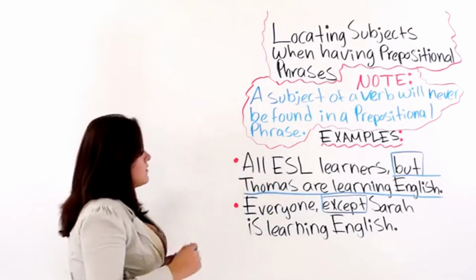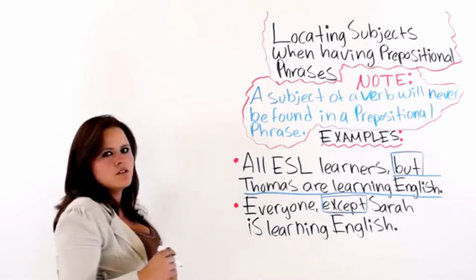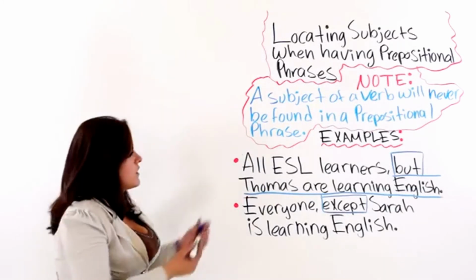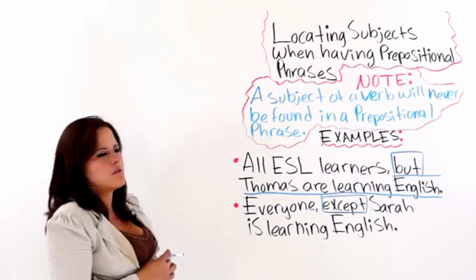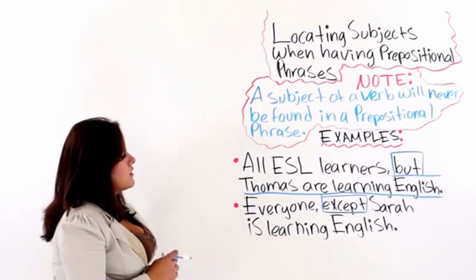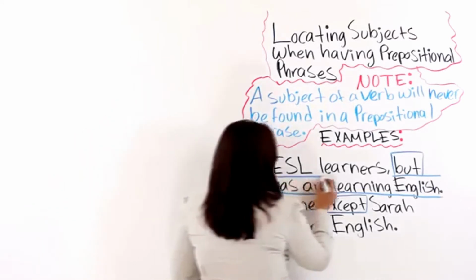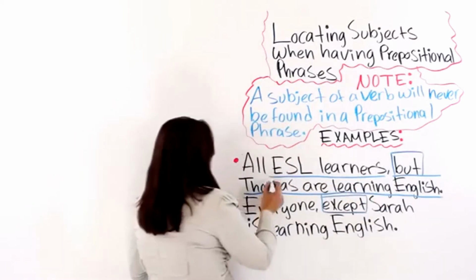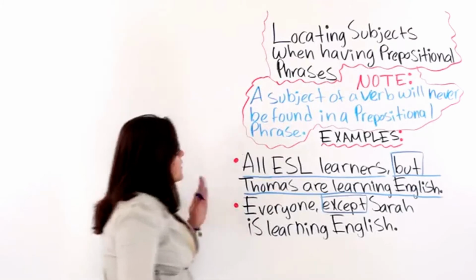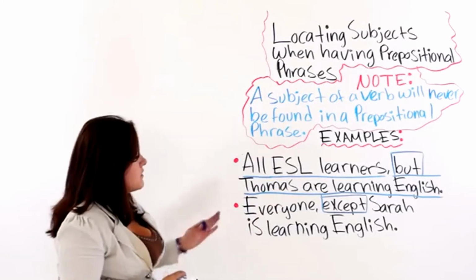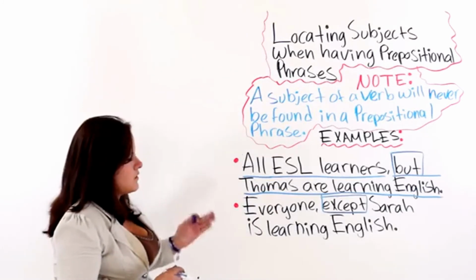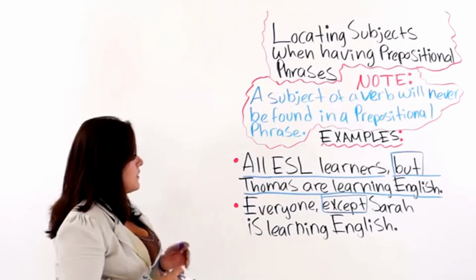All ESL learners. Which of these words do you think is the subject? ESL learners. You could say all too. All ESL learners would be the subject. But Thomas are learning English would be the prepositional phrase.